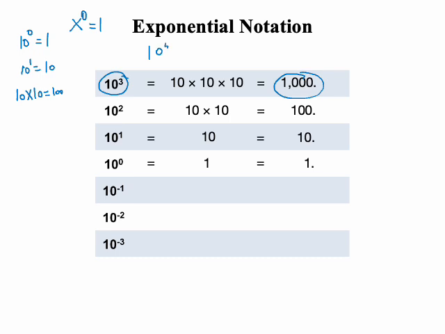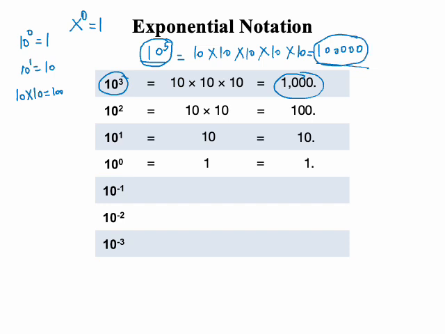If I say 10 raised to power 5, that means I have 10 multiplied 5 times, which is also 1, 2, 3, 4, 5 zeros. So either you write 10 raised to power 5 or you write this, it's basically the same thing. Only difference is this is the exponential notation and this is the standard notation. This is when the power is positive.